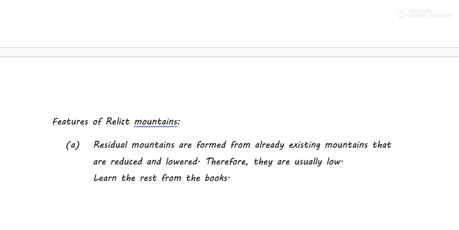They are composed of hard resistant rocks, and the left out residue of the fold mountains is formed of hard resistant rocks, because of which they were unable to be eroded. And lastly, the top of a residual mountain is rounded, unlike high mountains, with sharp peaks.